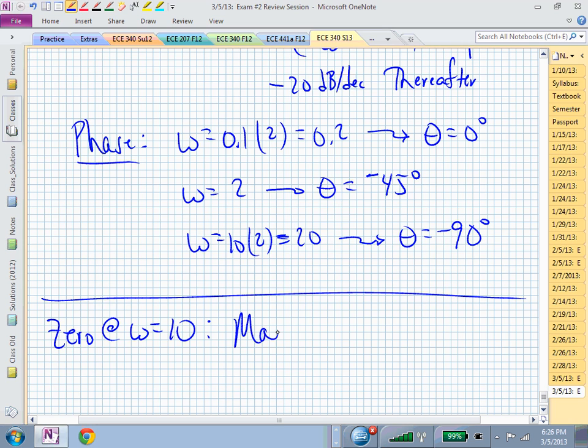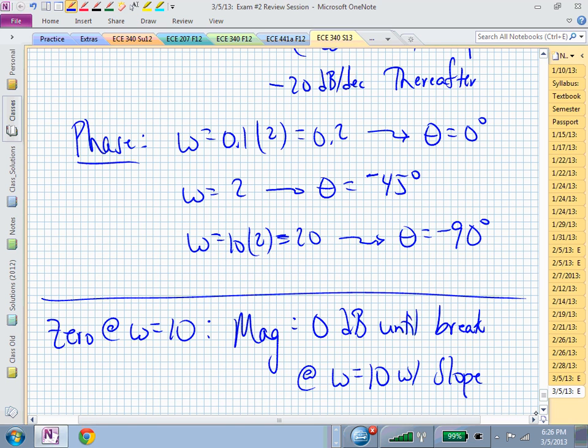So now we have a magnitude that's 0 dB. What's the slope after the break?